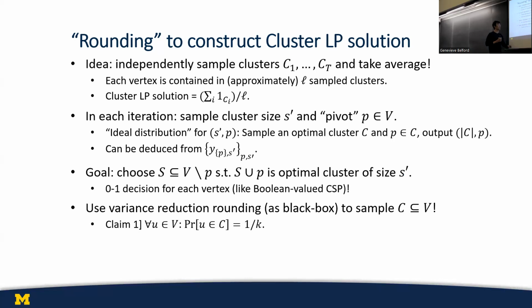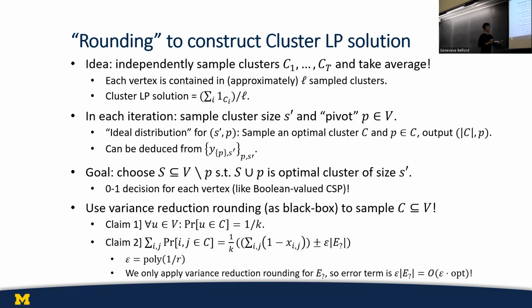Once you do this, one can prove nice claims. Because of the way we set up the previous relaxation, the probability that each vertex belongs to the sampled cluster will be exactly the same for every vertex, which is crucial in this part. More importantly, even the pairwise correlation error can be charged to the number of question marks.